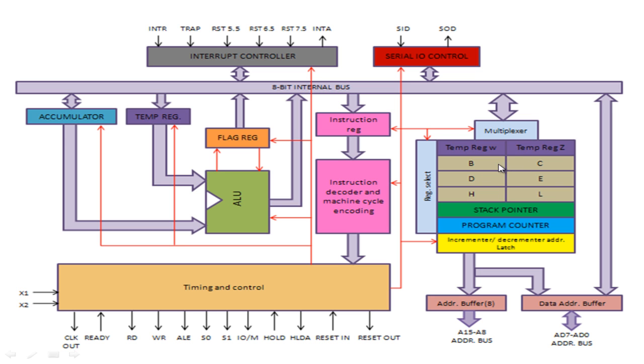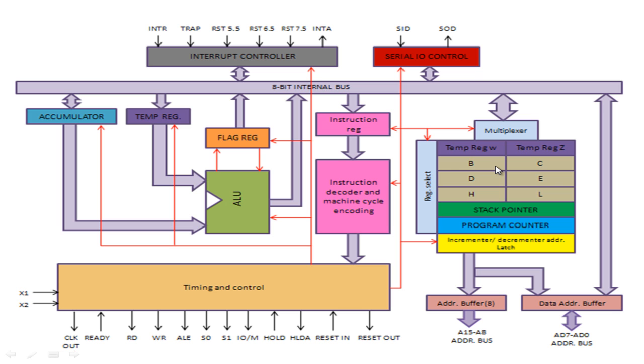BC pair, why is this BC pair? Because sometimes we have to handle 16-bit data, then the lower bits of data will be stored in the B register and higher in the C register. But the important thing is that we cannot transfer the data from B to C or C to B directly.